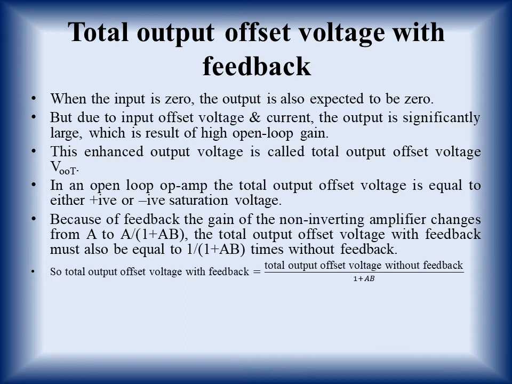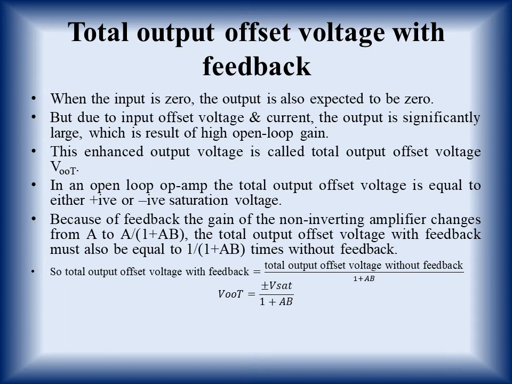The total output offset voltage with feedback is equal to the total output offset voltage without feedback upon 1 plus AB. So the total output offset voltage decreases by a factor of 1 plus AB. Again, this is a beneficial thing for us in the case of amplifiers.